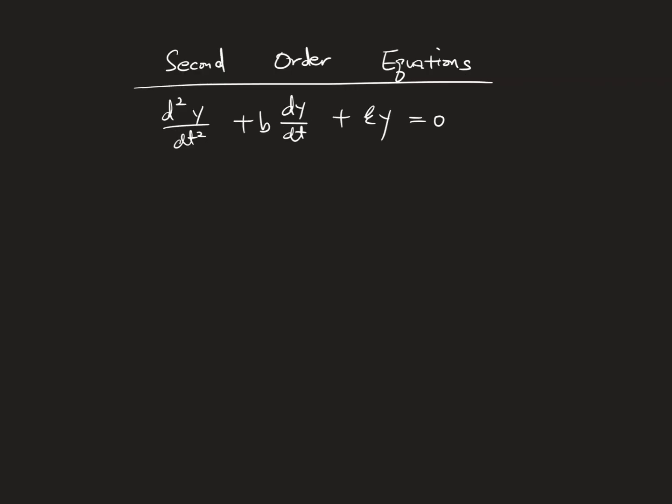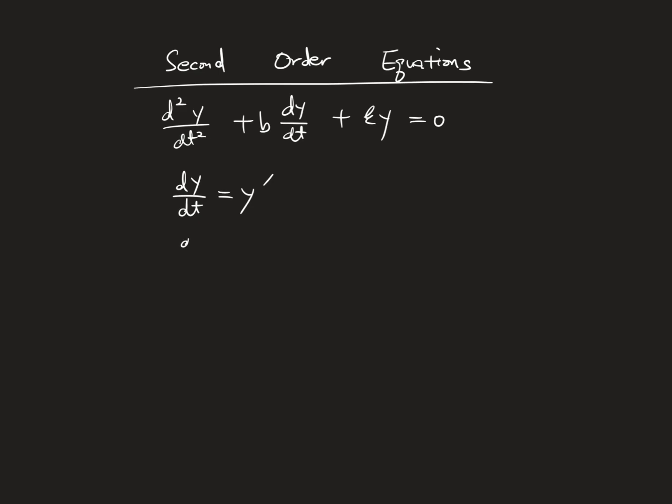We'll talk about second order differential equations, and we want to solve this differential equation. We write it this way: dy/dt is equal to y prime. This is just a definition.